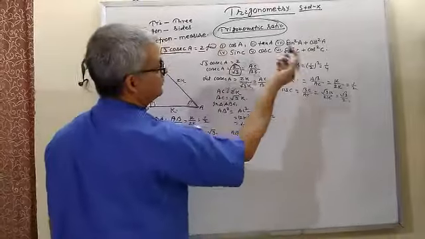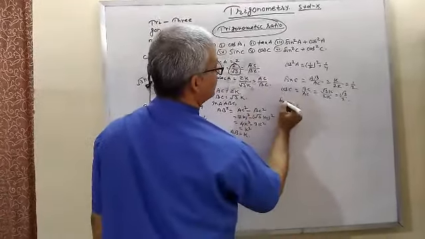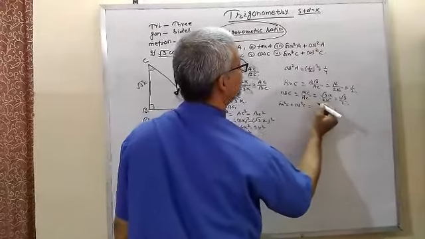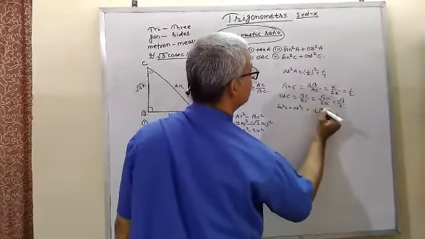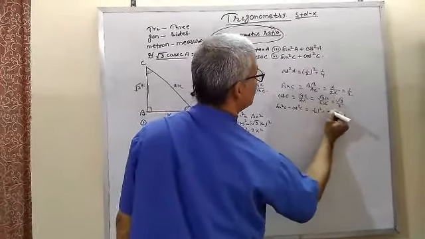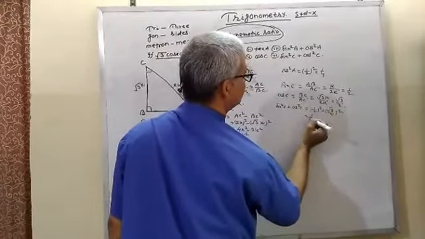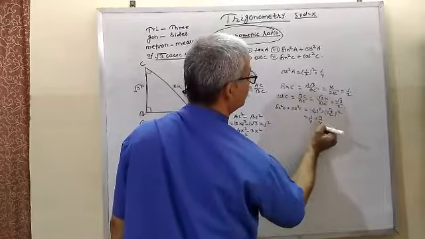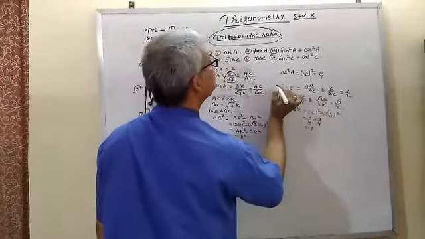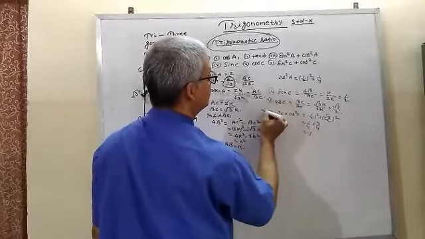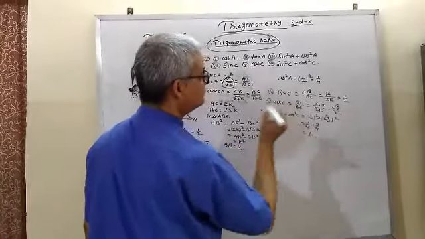Now similarly sin square C plus cos square C is equal to sin square C means 1 by 2 whole square plus cos square C means root 3 by 2 whole square. So 1 by 4 plus 3 by 4, that is 1. So this is question number 4, this is 5, and this one is 6.